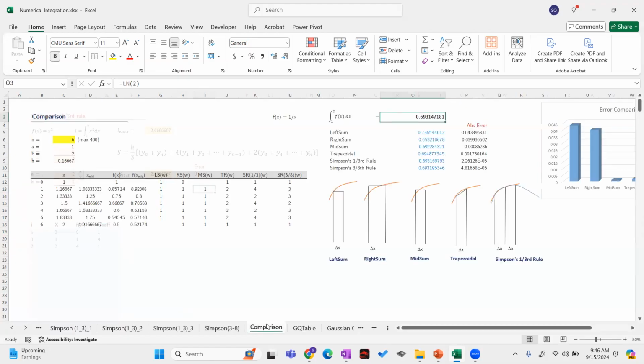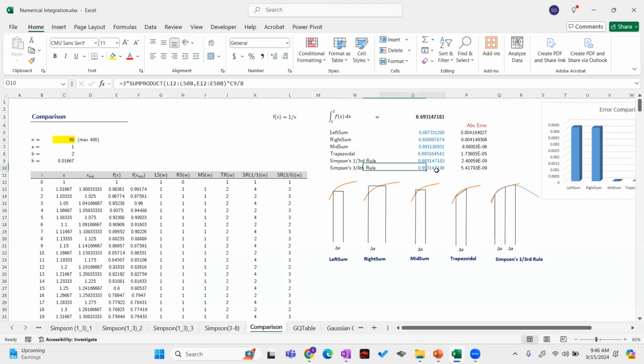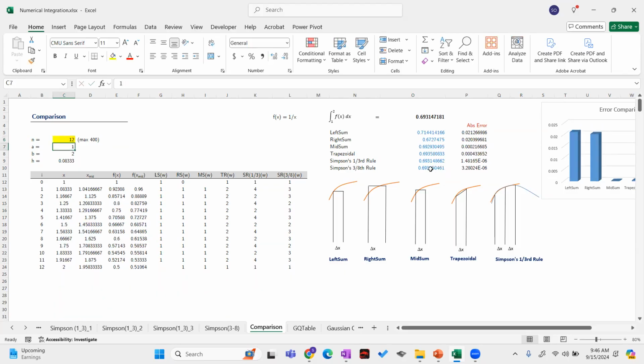Okay, so what I was saying is, if I go here, with 60 steps, if you look at the convergence, 69347, the true value, where is the true value? Oh, here. 1418. Let's not take 60. Let's take 12 steps. We need 12 sample points, actually 13 sample points if you include 0.